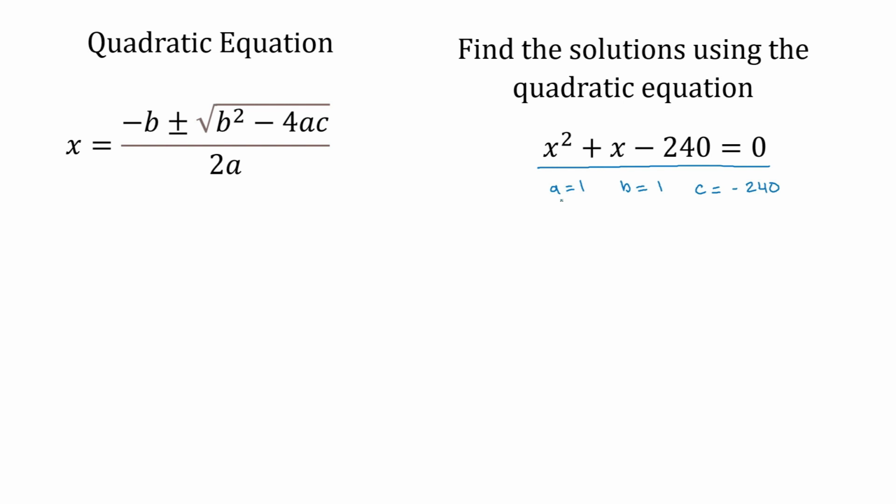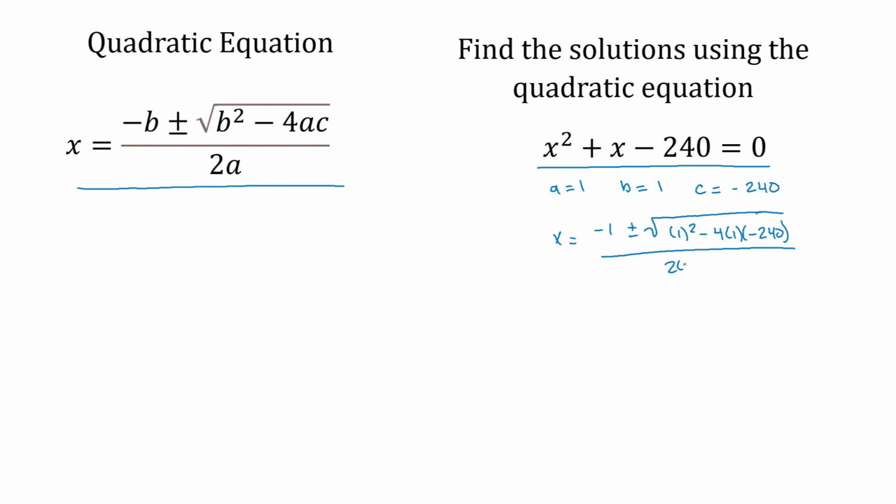All right, at this point, now that I know my a, my b, and my c, I am simply plugging in to my quadratic equation. So x is equal to -1 plus or minus the square root of 1 squared minus 4 times 1 times -240, and all of this is over 2 times 1.